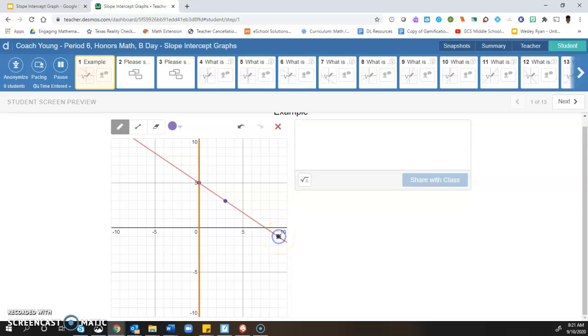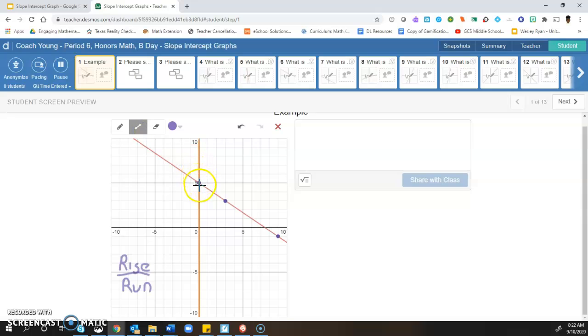Now, I know my slope is negative, so I want to do my rise over run. You can write this part on paper, but just put your answer in the box. But you have your rise over run, and it's also easier if you just do your lines.